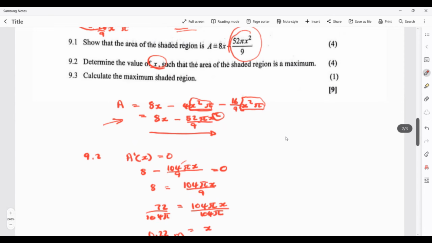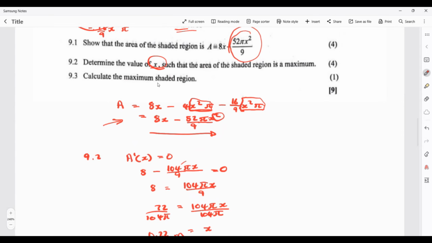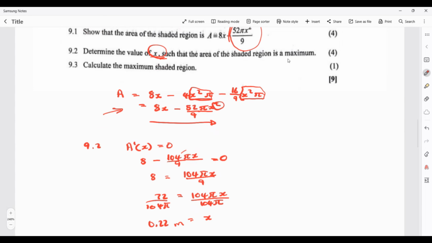The last question says, calculate the maximum shaded region. We now have the value of x that will make the shaded region a maximum, so I'm just going to substitute this value of x into the area.